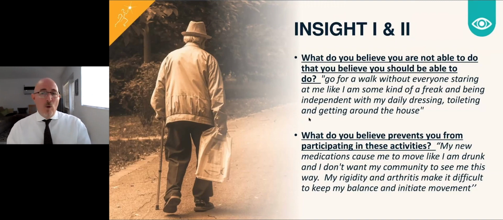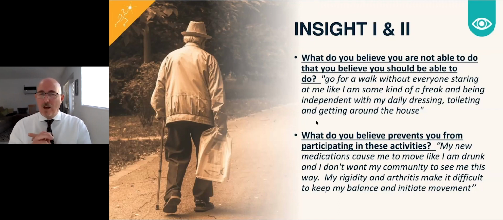So it might be more about getting him to accept where he is so he can still go out and move in the community, even if he has gait issues, and not to be worried about it or embarrassed about it, to take pride in the fact that he's 83 and he's staying on top of it, and he's going to win this game and stay active as long as he can.